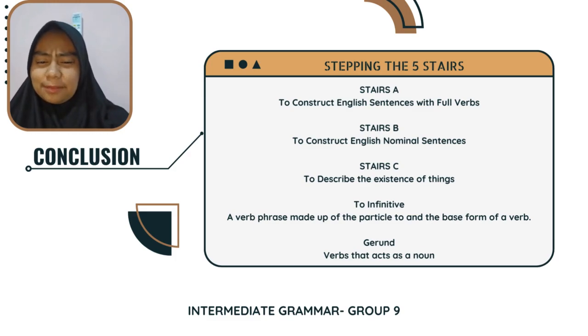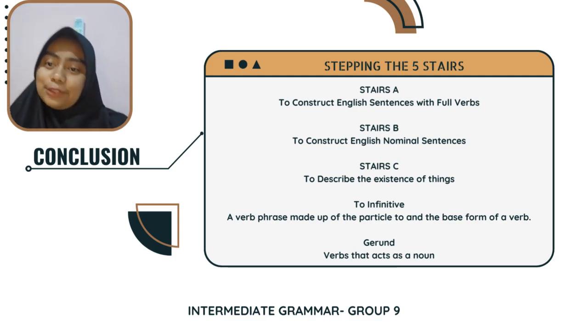So you must differentiate these two things: when the verb-ing is a present participle and when it is a gerund. Okay, take a look at these examples. I have two examples here. The first one is, I am going to the market, and the second one is, I imagine becoming a king.